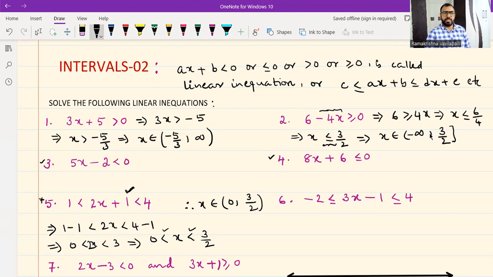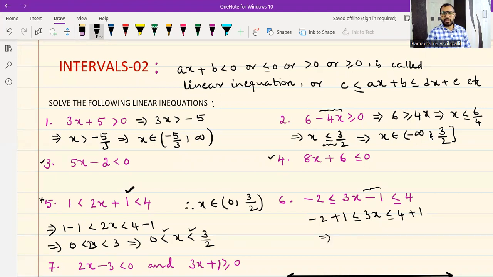Similarly, here you see minus 1 is there. So to remove this minus 1, we have to add 1 to both sides. So minus 2 plus 1 less than or equal to 3x less than or equal to 4 plus 1. Adding 1 to the entire inequation. Whatever constant is here, suppose you have a minus 2, then add 2. If you have a minus 5 by 2, then add 5 by 2.